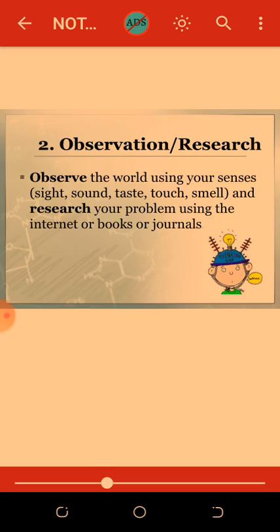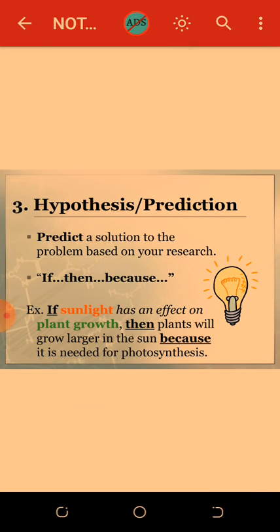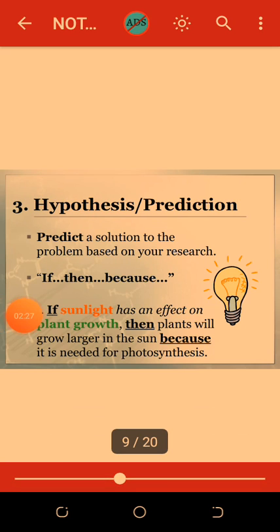So, the next step in the biological method is a hypothesis. A hypothesis is a prediction about the problem that may be true or false.